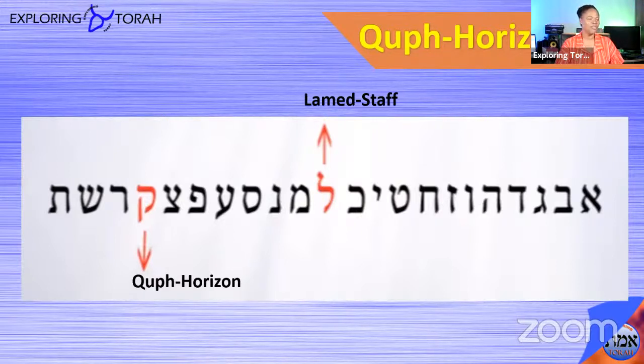Aleph, Bet, Gimel, Dalet, Hey, Vav, Zayin, Het, Tet, Yod, Kaf, Lamed, Mem, Nun, Samek, Ain, Pe, Tsadi, Kof, Resh, Shin, Tav. So those are the 22 letters of the Hebrew alphabet.